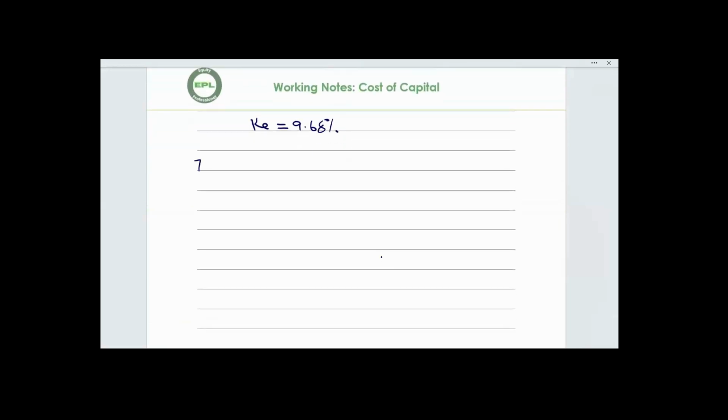Finally, step 7, you calculate WACC, KW.